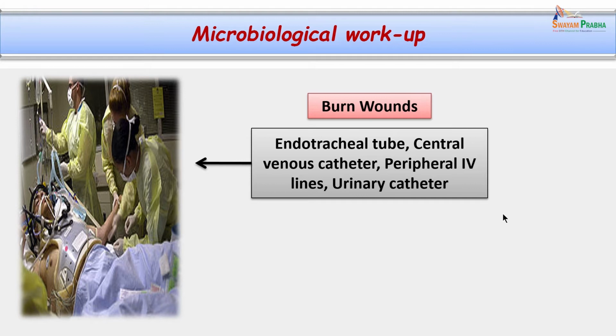The patient was also exposed to a lot of sources of microorganisms because he had an endotracheal tube in place, a central venous catheter, peripheral intravenous lines, and his bladder was also catheterized. So, these were all the sources for him, plus the patient also had severe burn injuries which invited a lot of microorganisms to invade him.